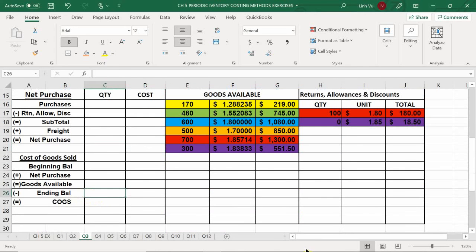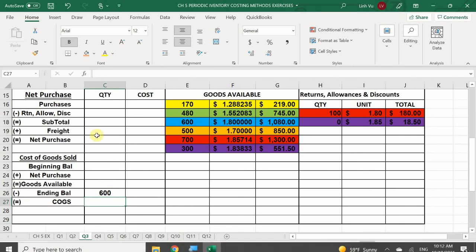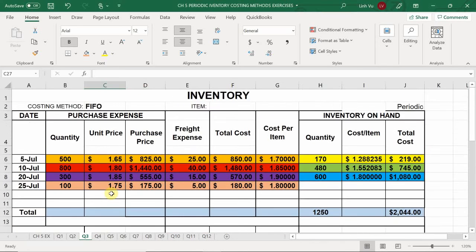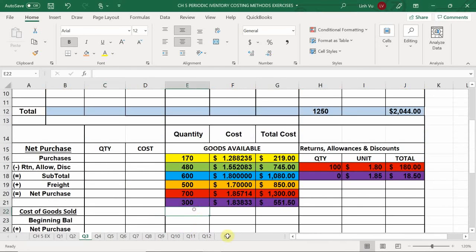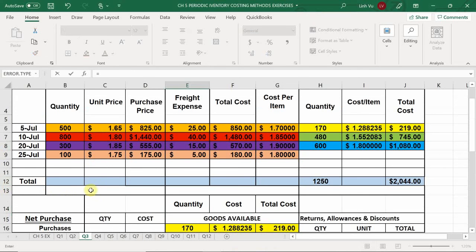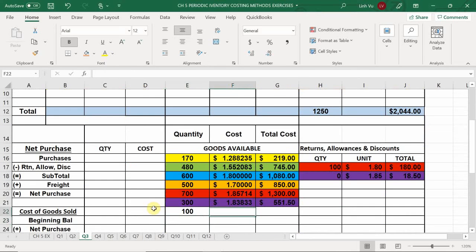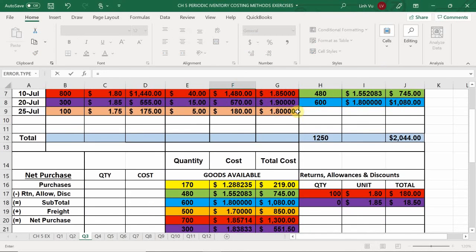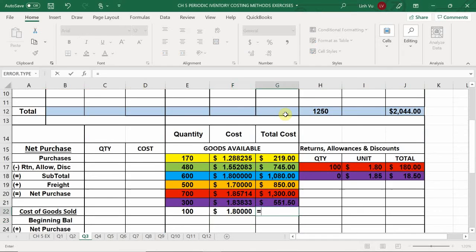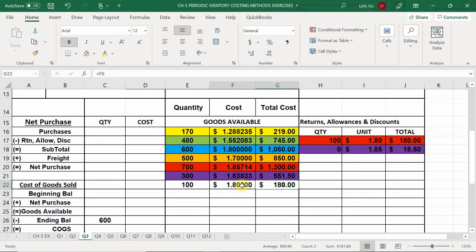So my ending balance is going to be 600, and I have a last batch of inventory for the 100 items, which cost me $1.80 each. Okay. And once again, I have this as my salmon color.